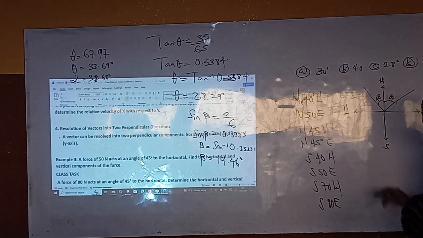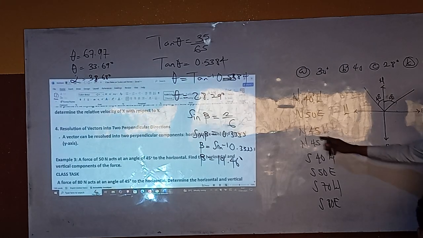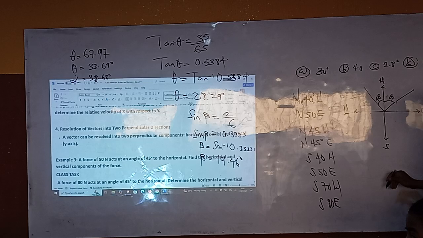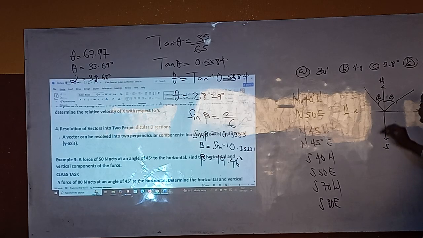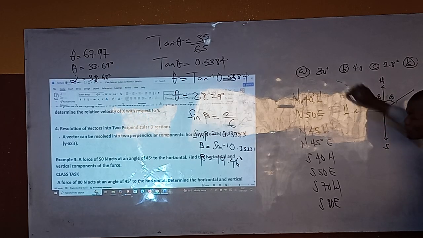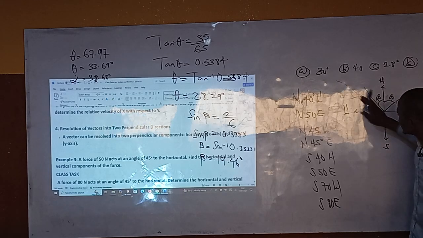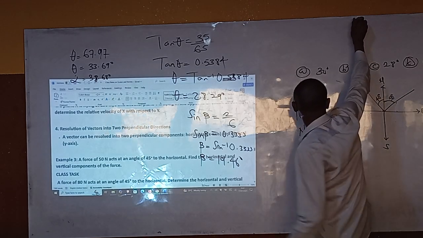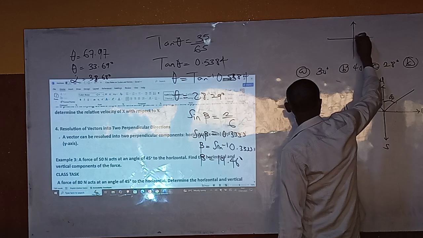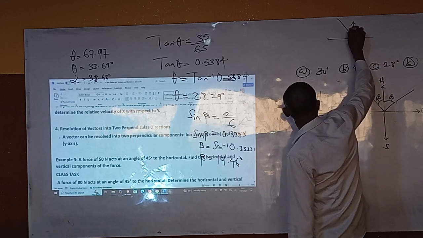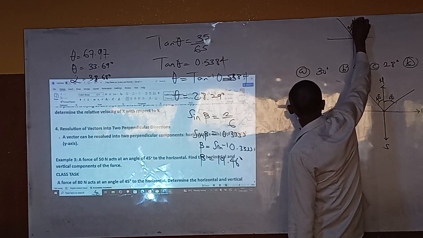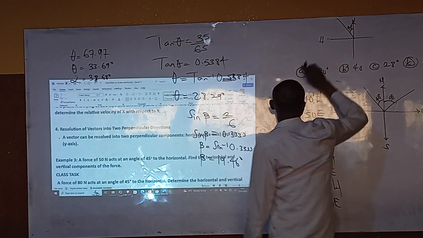North 45 degrees west. That will be more than 40 degrees, right? That's half of 90, right? So this is 45 degrees. This is your north, this is your west.